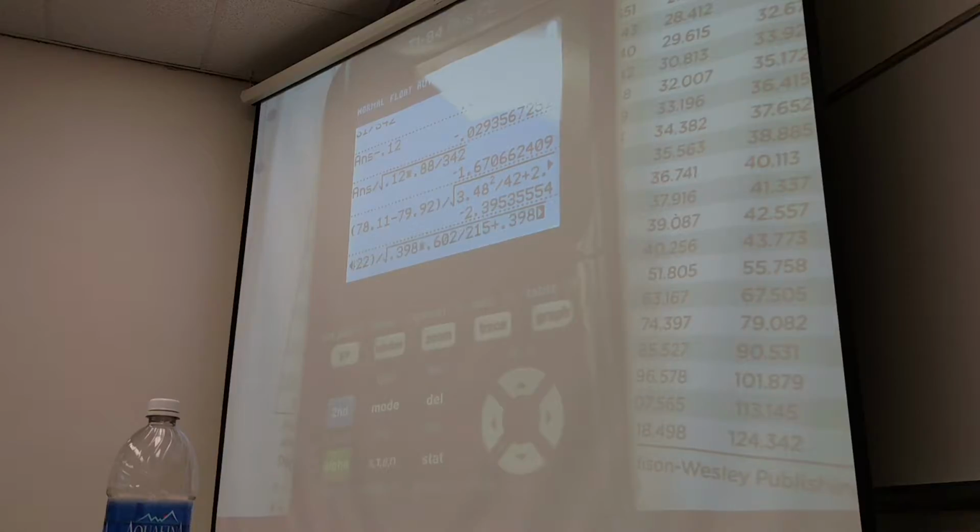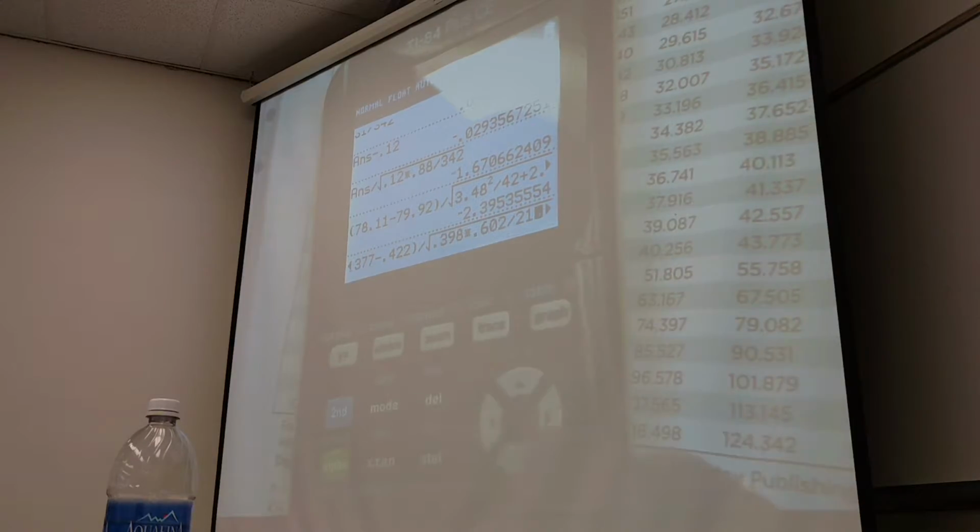Plus 0.398 times 0.602 divided by 185, I think. So Q bar over N1, and then plus Q bar over N2. That's the bottom there. All of it's inside that square root.